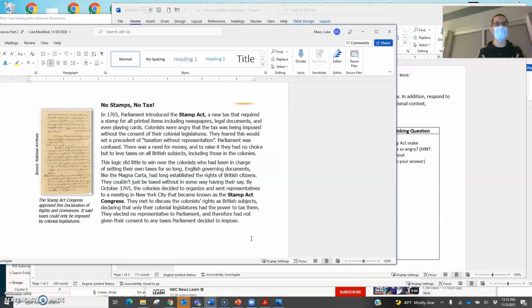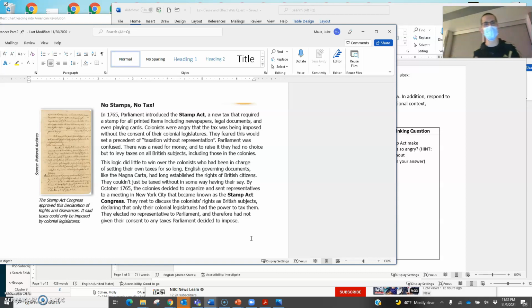This logic did little to win over the colonists, who had been in charge of setting their own taxes for so long. English governing documents, and we've studied this before, like the Magna Carta, had long established the rights of British citizens. They couldn't be taxed without in some way having their say. By October 1765, the colonies decided to organize, and they sent representatives to a meeting in New York City that became known as the Stamp Act Congress.